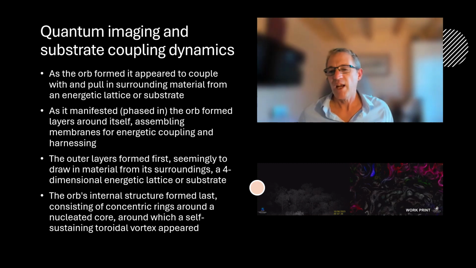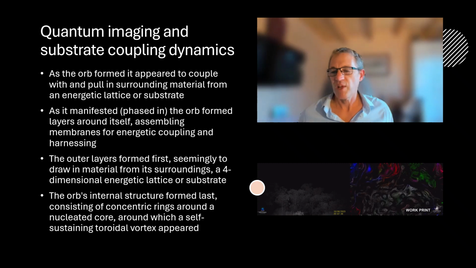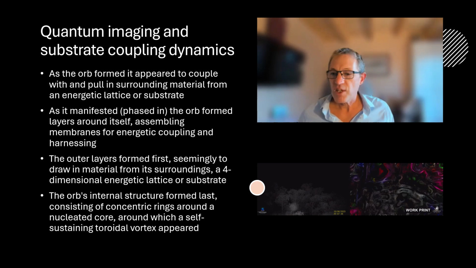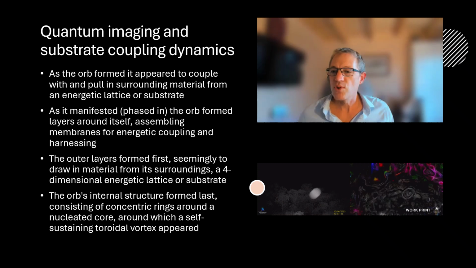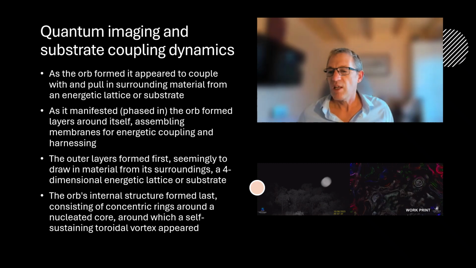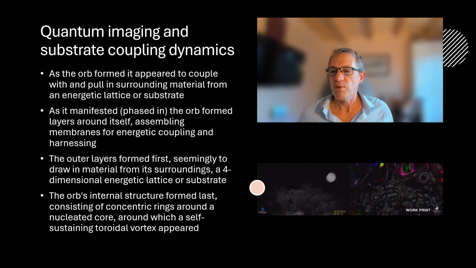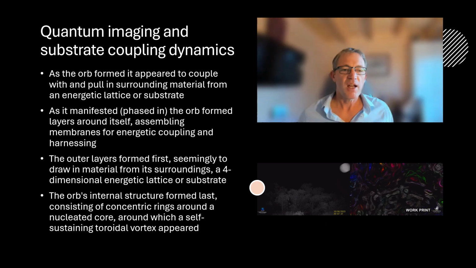And I can point that out here. We do a detailed account of this in our paper, but as it comes into the field of view, it actually couples with nodes in this lattice or substrate of space and seems to harness the energy from it, which then goes through the ingress and egress points. And we point that out in our paper.